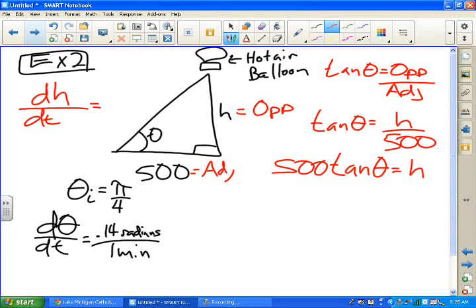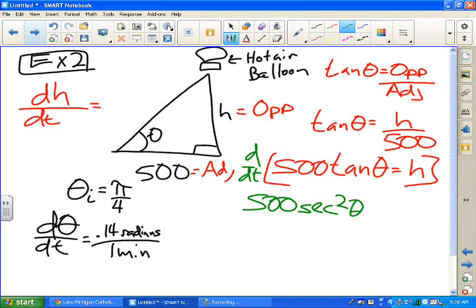Now I just need to take the derivative with respect to t. 500 is a constant, so we toss that out front. The derivative of tangent of theta is secant squared of theta, and that's equal to dh/dt. Oh, I've got to remember to tack on that d theta/dt. I almost forgot. Whenever we take the derivative of theta, we've got to tack that on.